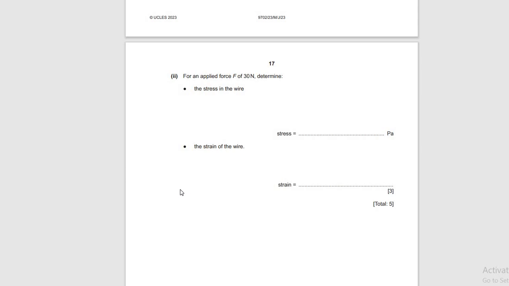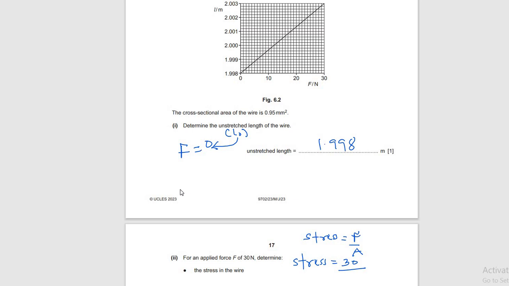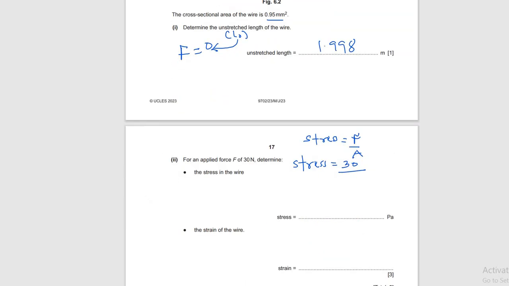Now, for an applied force of 30 Newton, determine the stress. The formula for stress is force over area. So, the force is 30 Newton, over the area of the wire. If you remember from the previous part, I said the area is 0.95 mm².